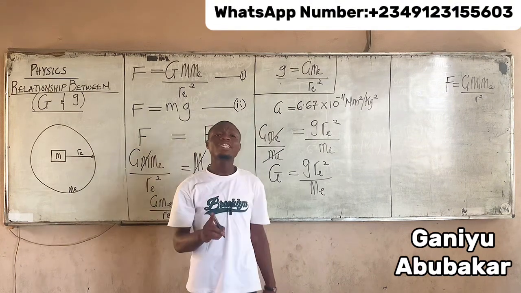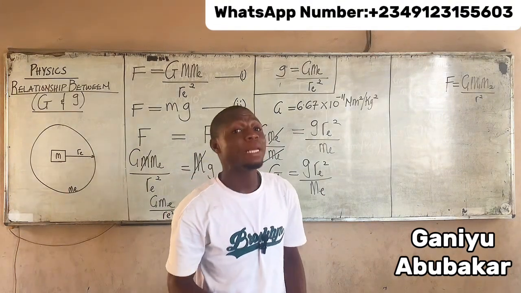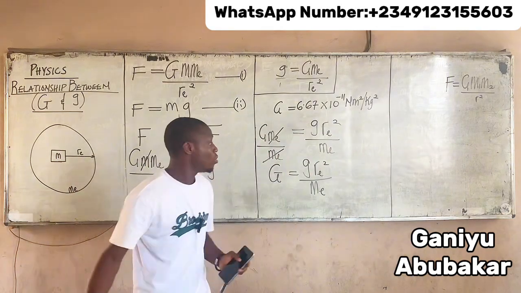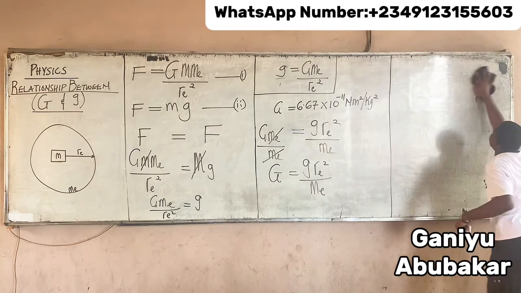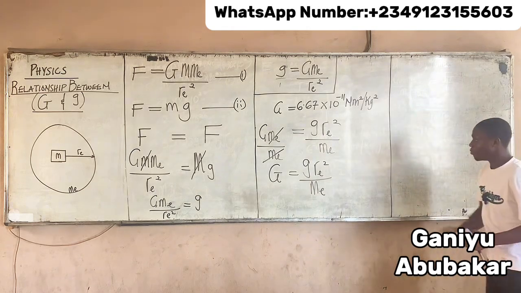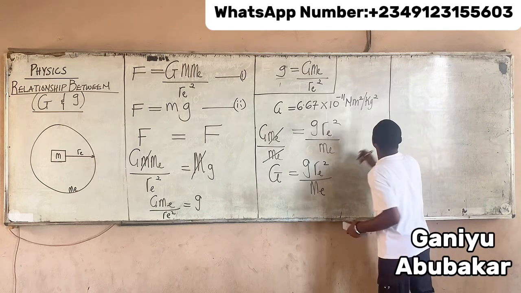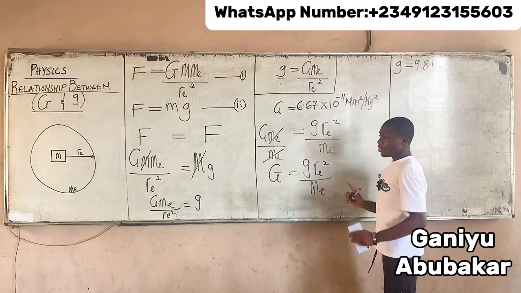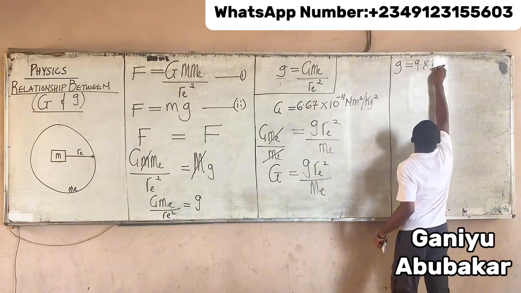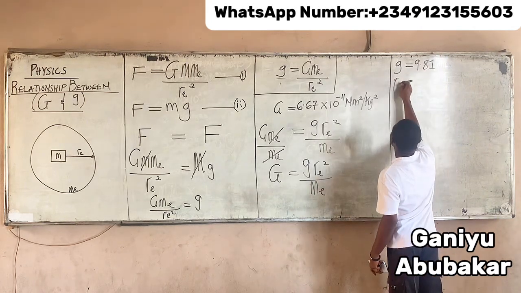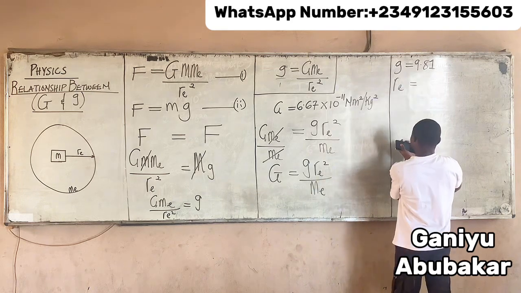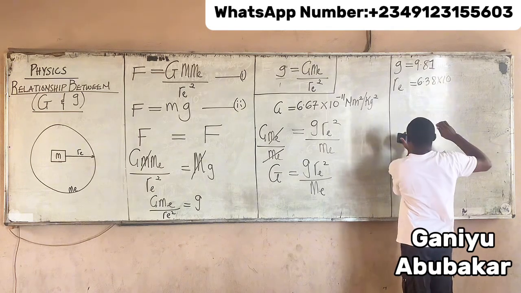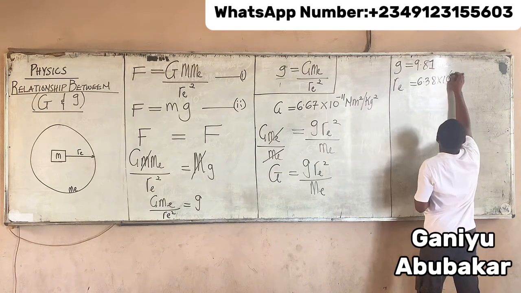There are some constants you need to note, like you need to know them. Note that small g is equal to 9.81 meters per second squared. We all know this. Next, note that the radius of Earth is equal to 6.38 times 10 to the power 6 meters.